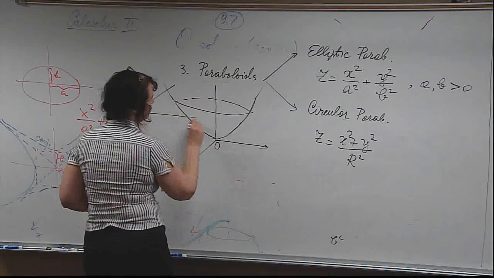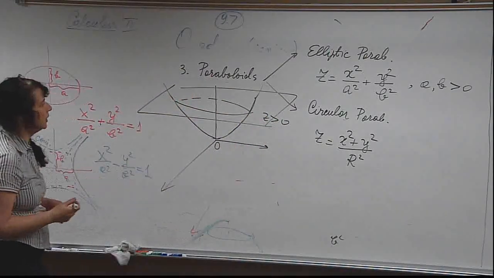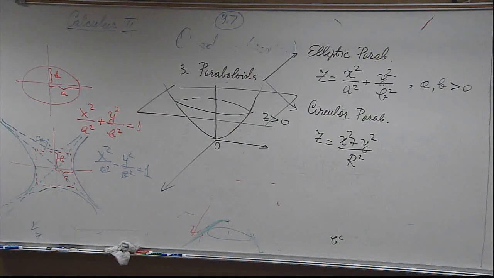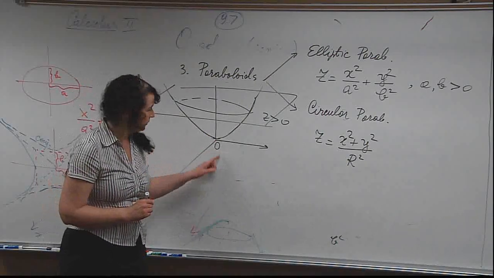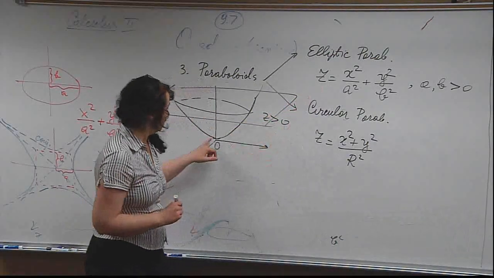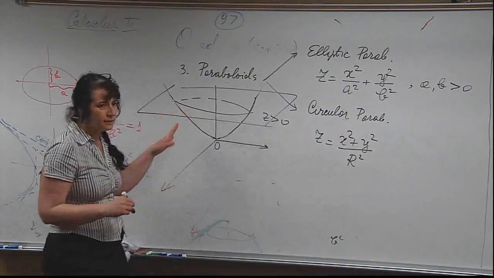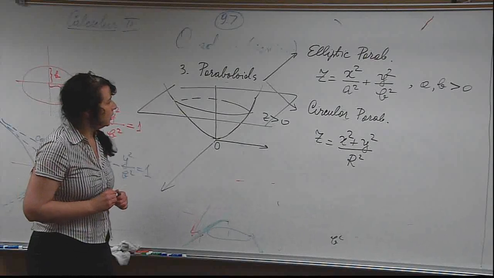I take z greater than 0, and then I'm going to have some sort of ellipse. Under that, there is nothing. Under the origin, there is nothing because z is going to be positive at x equals 0, y equals 0, and passing through the origin. Very nice and sassy quadric.